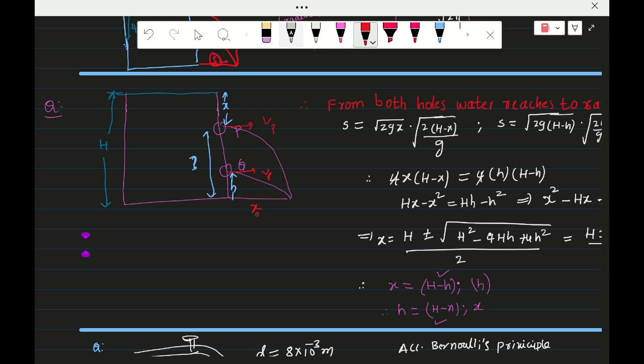They have given the Q hole at the distance h and the P hole at the distance x. They are not given; we have to find out this x. The water is filled in the tank up to the level h. Then the P hole is at what distance from the ground?